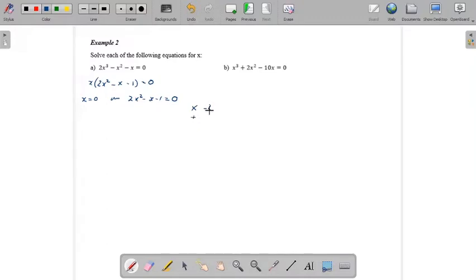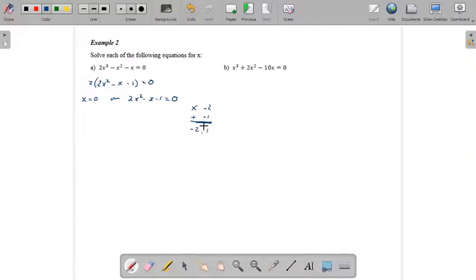So we're looking for 2 numbers that multiply to give -2 and add to give -1. For that to happen, our 2 factors would be -2 and +1. -2 times 1 is -2, and -2 plus 1 is -1.